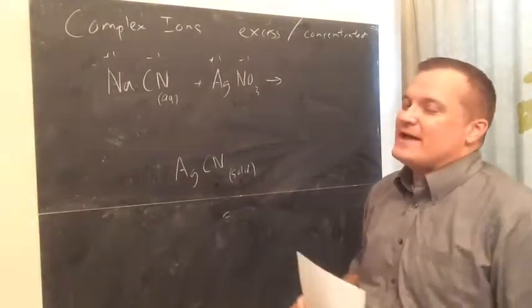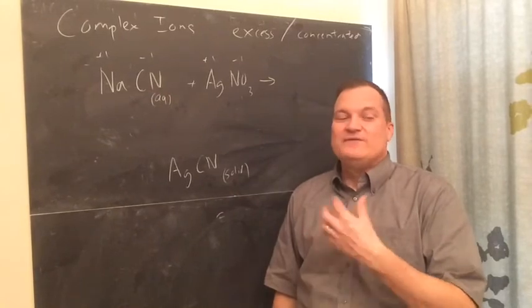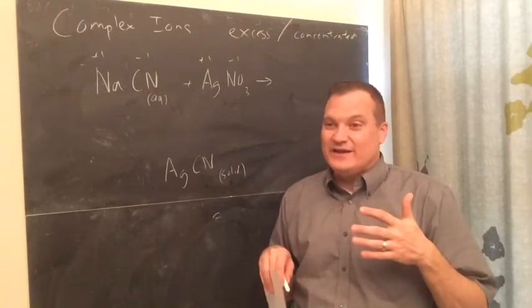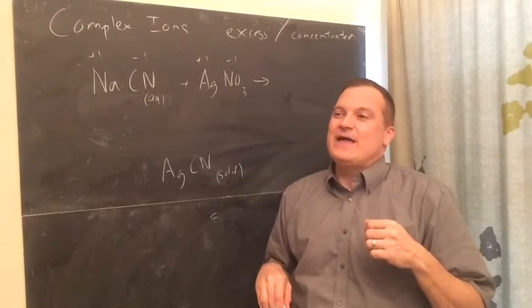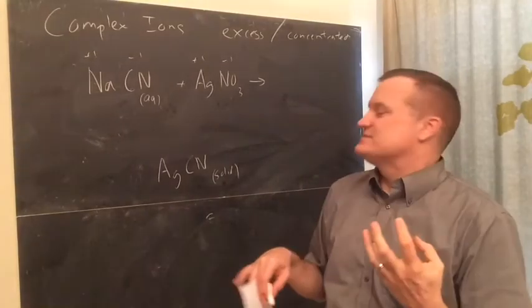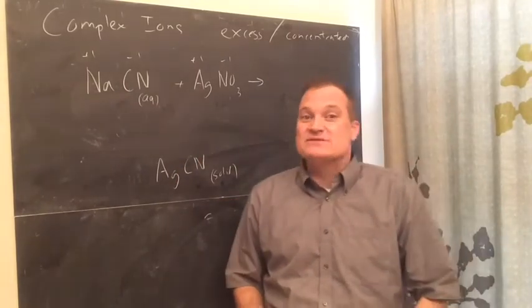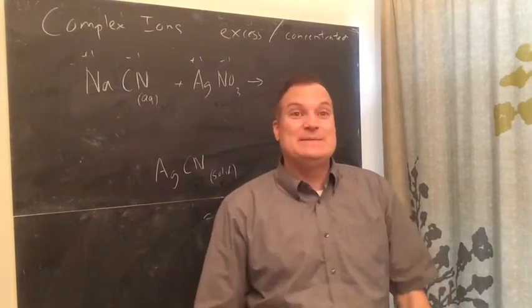Some ionic compounds, if you overload them with a lot more chemical, they will actually find a way to fit it on there, and they will fit the cyanides all around it, and then they actually become soluble in water as well. This thing keeps on moving.